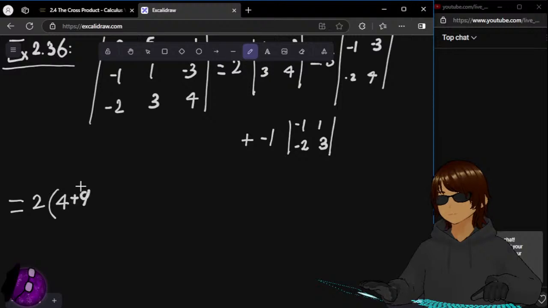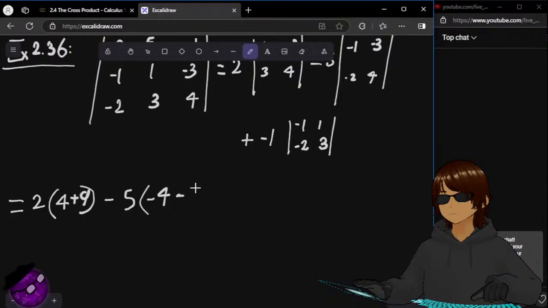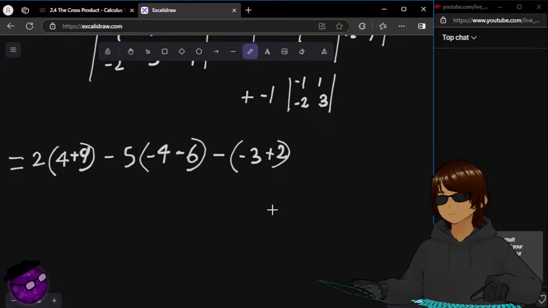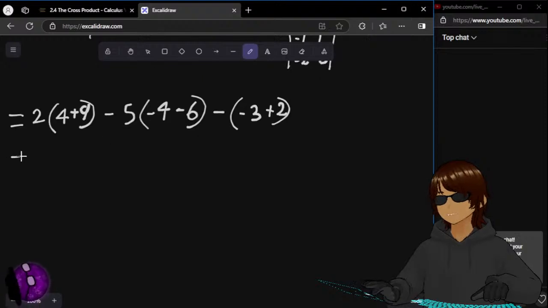And then we have minus 5 times minus 1 times 4, which is minus 4. Then we have minus 2 times minus 3, which is 6. And then we have minus 3 minus 2.